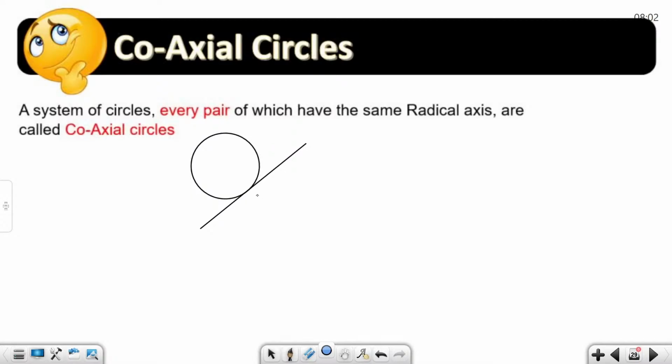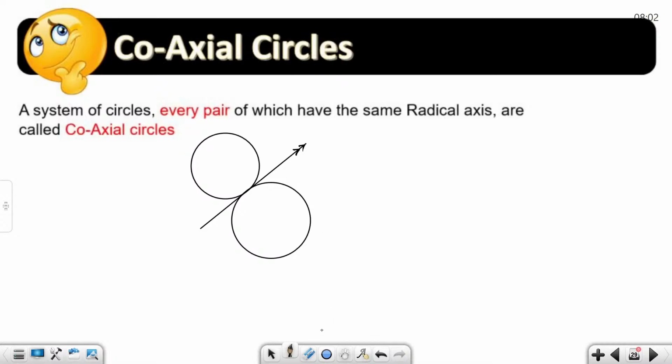Let us say these two circles. So this line is basically the transverse common tangent, which is the same as the radical axis for circles touching each other externally. So this is the radical axis.